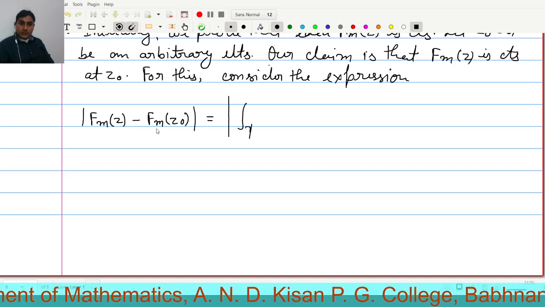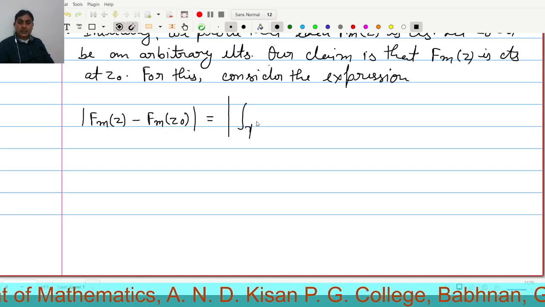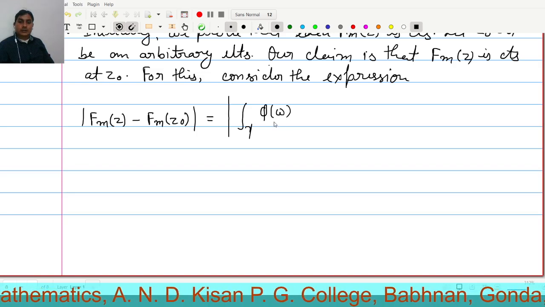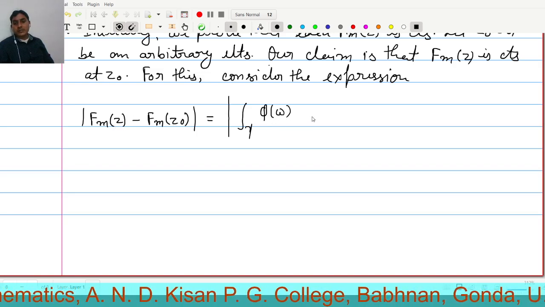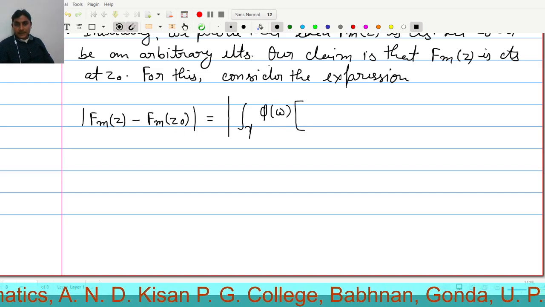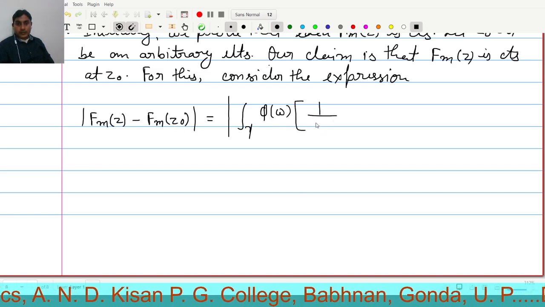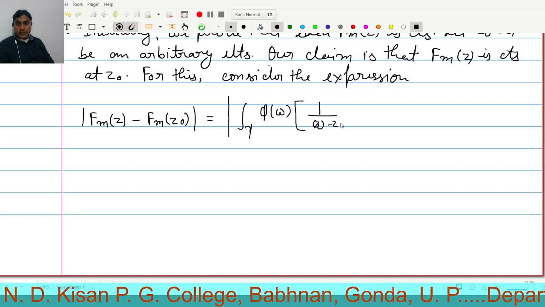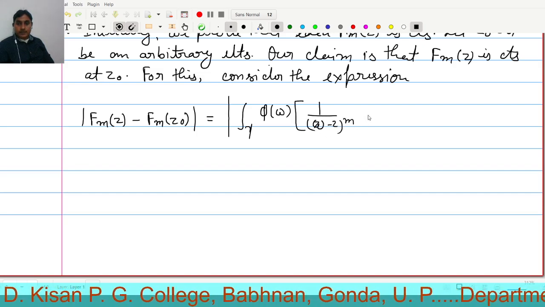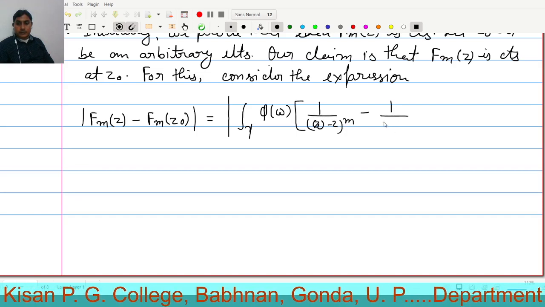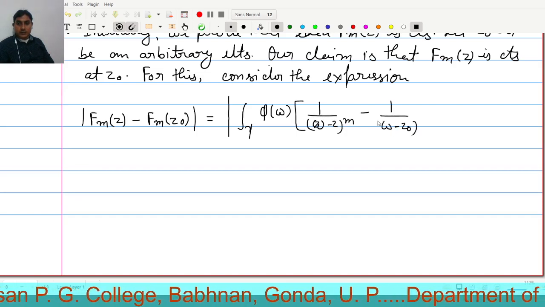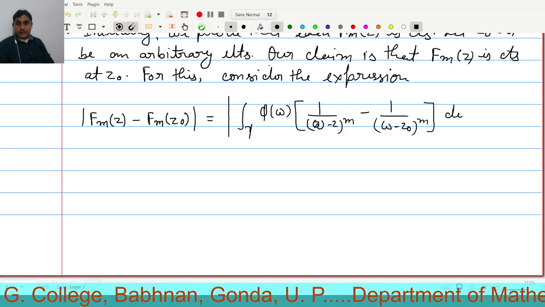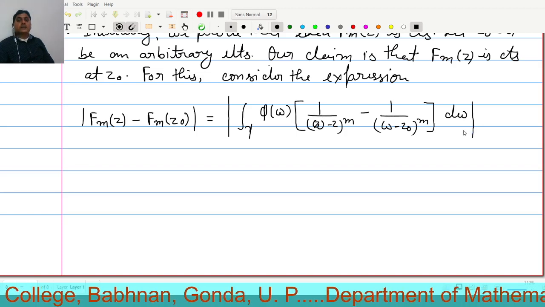The integral over gamma is here as well as here, so it can be taken as common. Phi of w is in both. The next thing is 1 upon (w minus z) to the power m minus 1 upon (w minus z0) to the power m, and dw and then modulus.